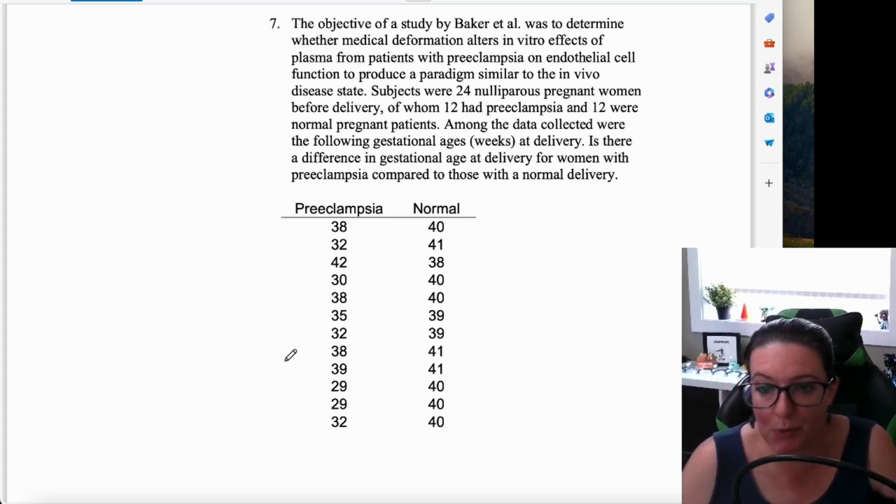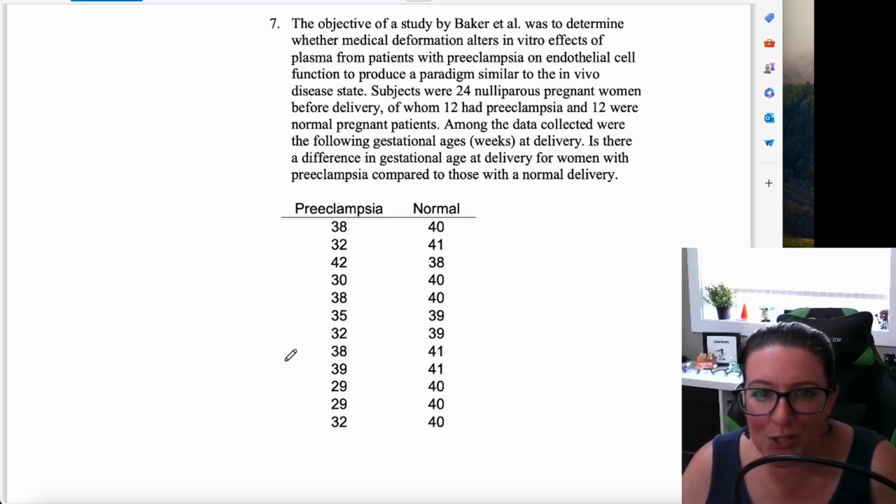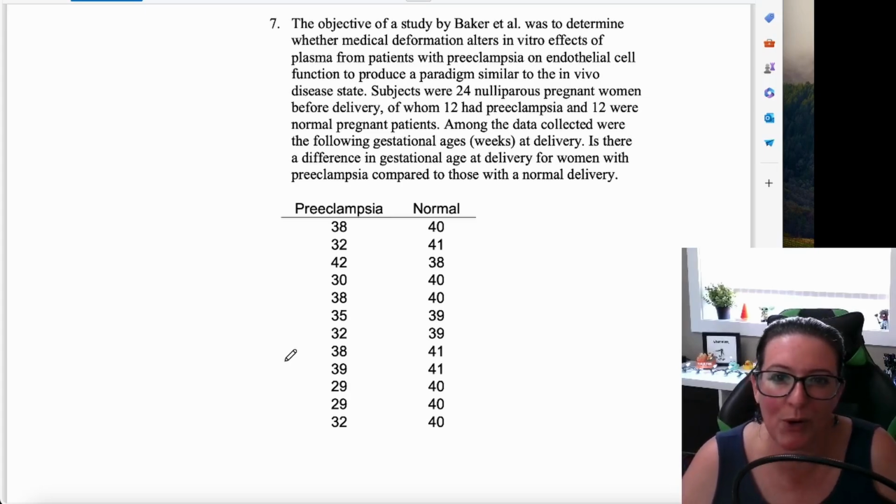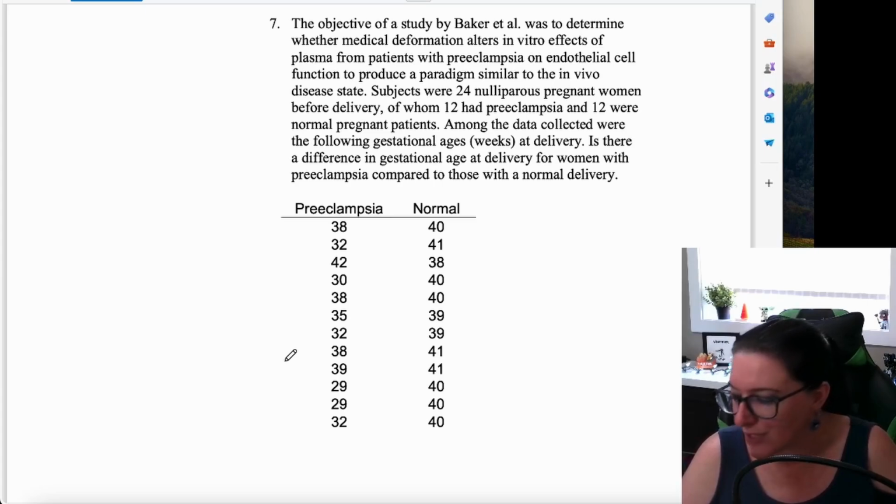All right, not an expert in that field, don't know what any of that means. All right, so subjects were 24 pregnant women before delivery, of whom 12 had preeclampsia and 12 were normal pregnant patients. Among the data collected were the following gestational ages at delivery. Is there a difference in the gestational age at delivery for women with preeclampsia compared to those with a normal delivery?